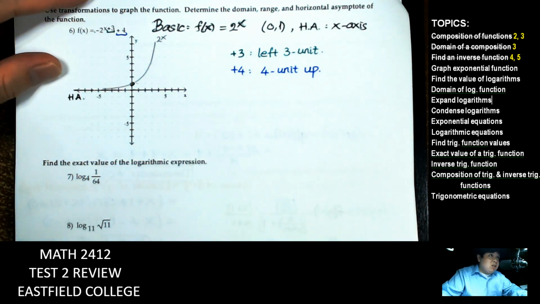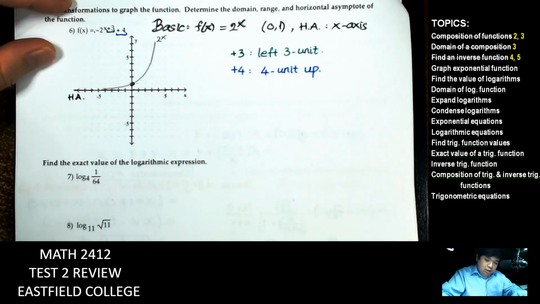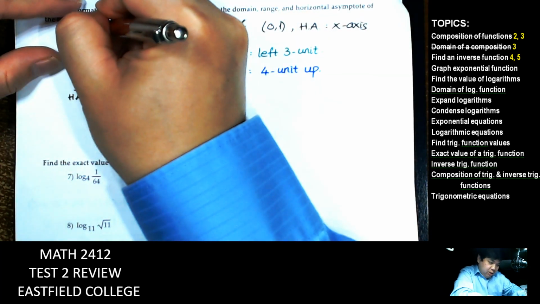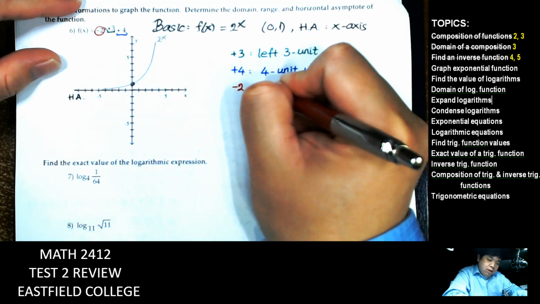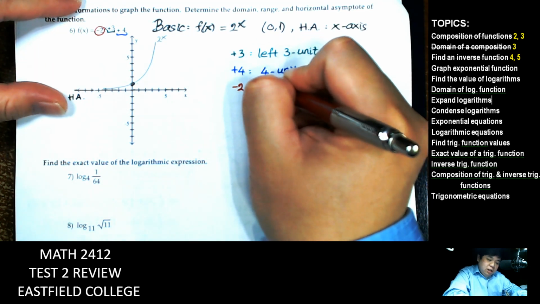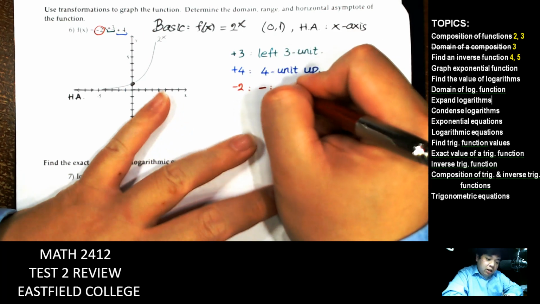And then we have the minus 2. The minus 2 will do two things. First, the minus is reflect vertically.